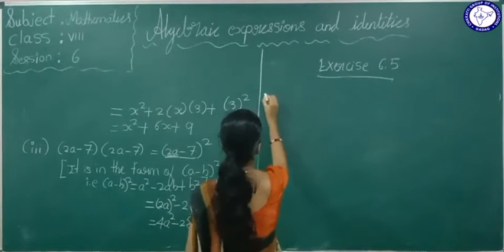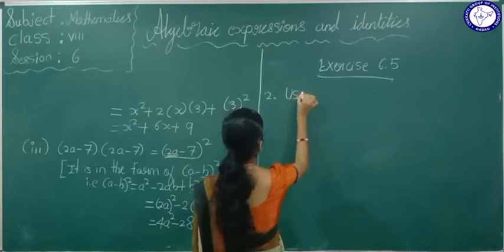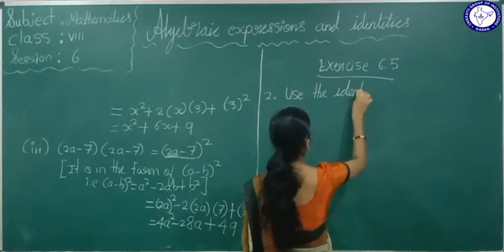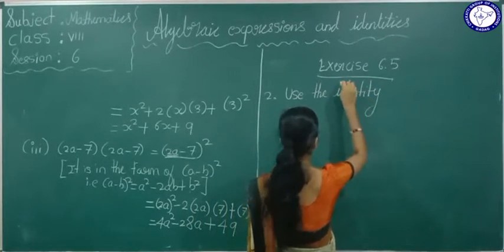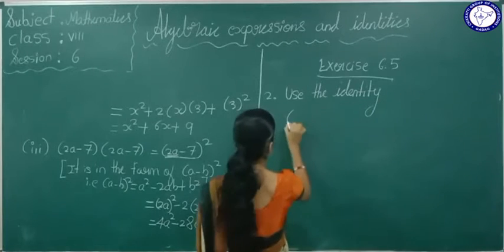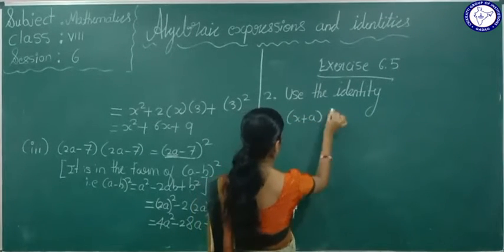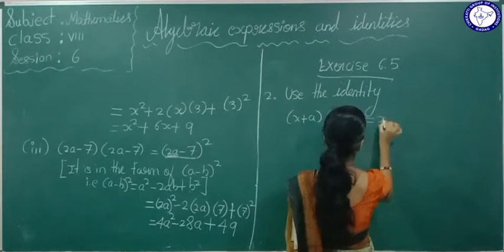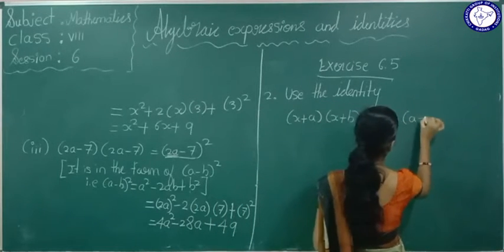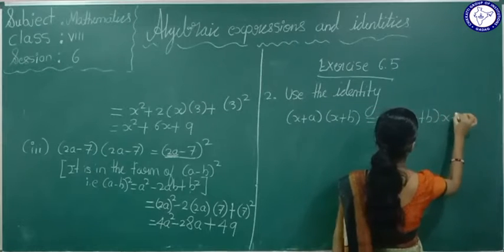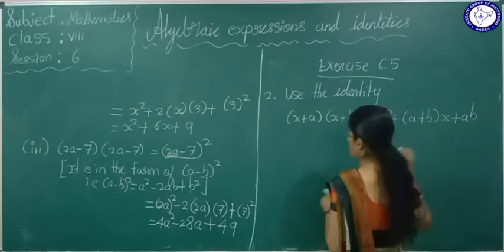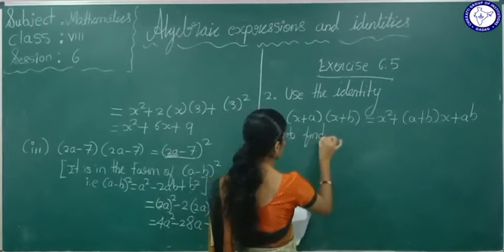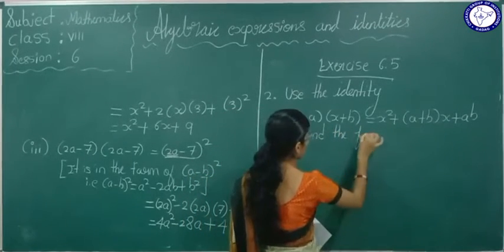Now see what they have given in the second main. Use the identity (x + a)(x + b) = x² + (a + b)x + ab to find the following products.